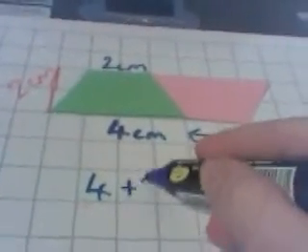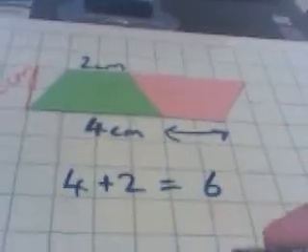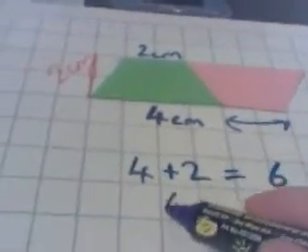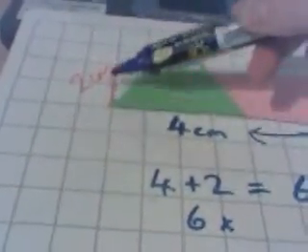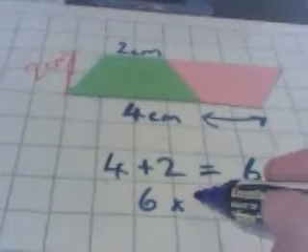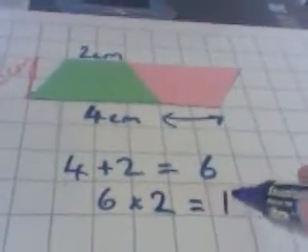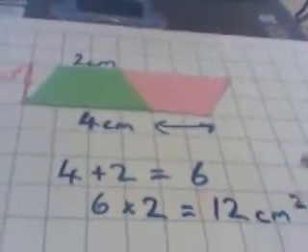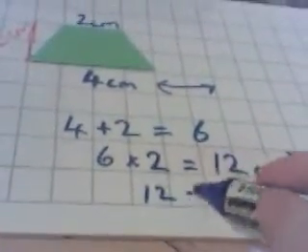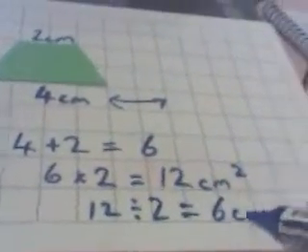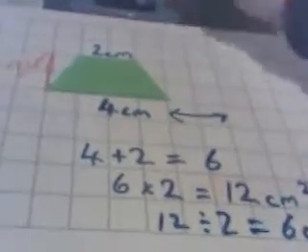So that's 4 add 2 is 6. We then times the 6 by the distance between the sides, or the height, and that gives me an area of 12 centimeters squared. And then just remember to halve your answer. 12 divided by 2 is 6 centimeters squared.